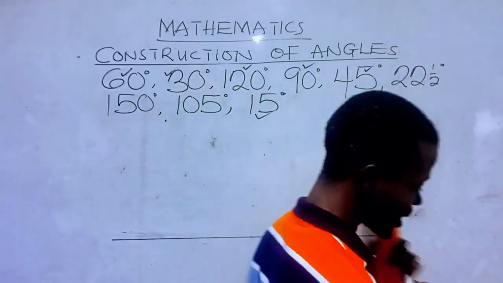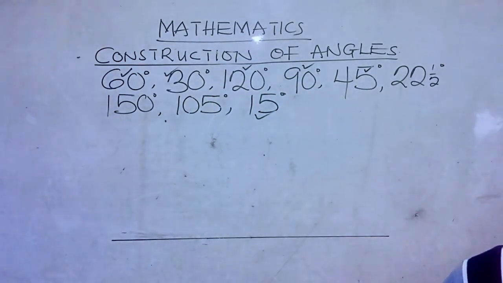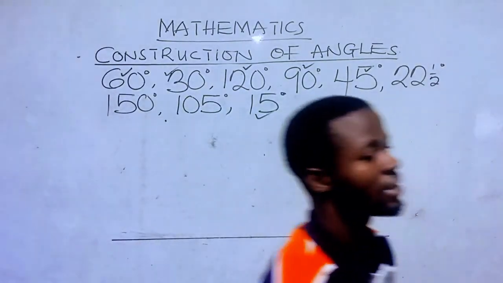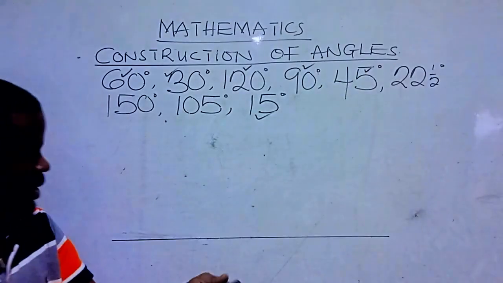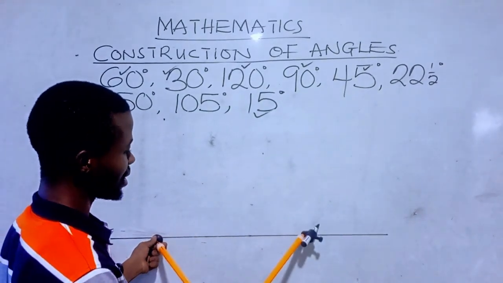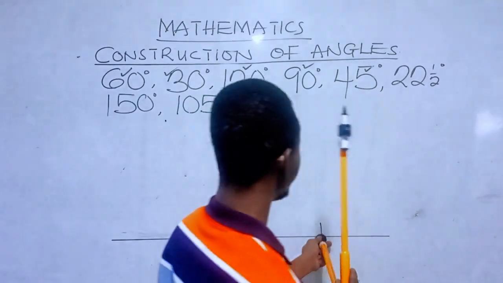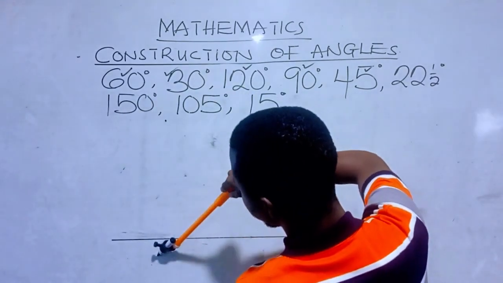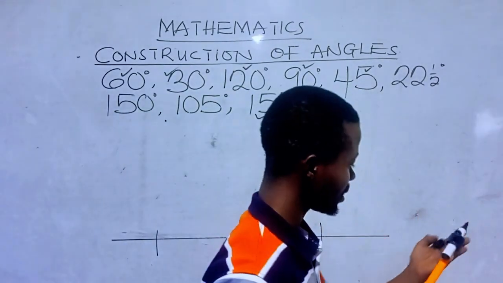Then I measure the required length. Let's say 6 centimeters. So I stand at this place and I make the arc. I stand on the arc. Then I make another arc like this.